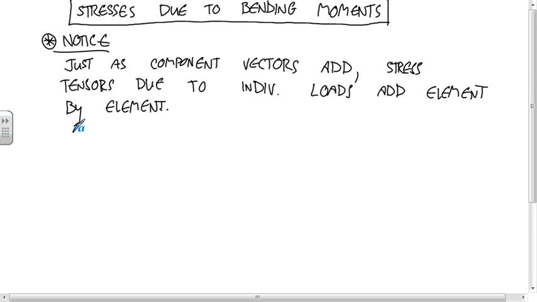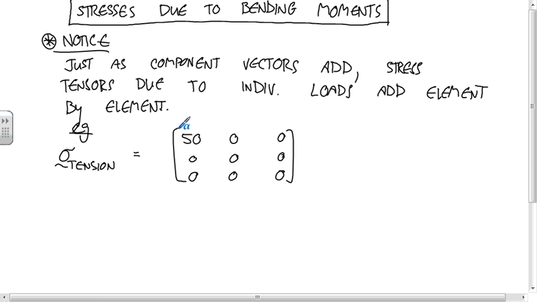So, for example, if you had a stress tensor that you calculated due to tension that was equal to 50 megapascals, and you had a stress due to bending that was equal to negative 40, 0, 0, everything else is zeros.